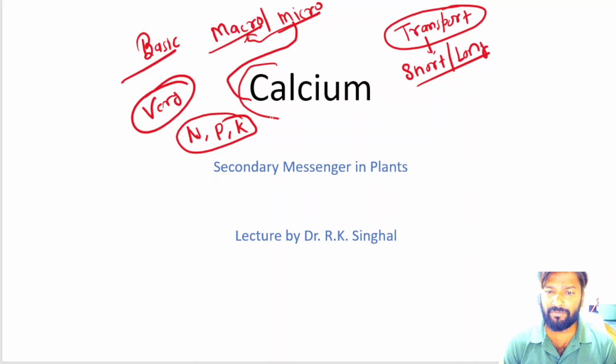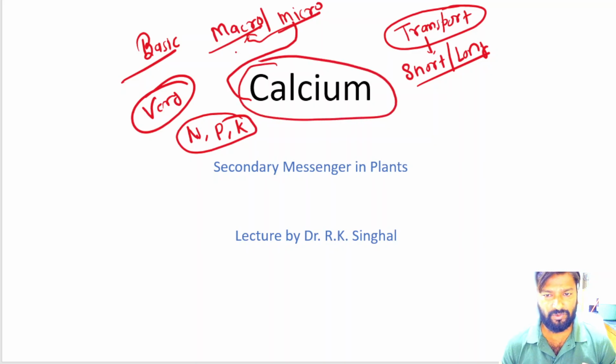And calcium is also a very important nutrient for plant growth and development. That's why this is known as the secondary messenger of the plant. It is also very important for the ARS.